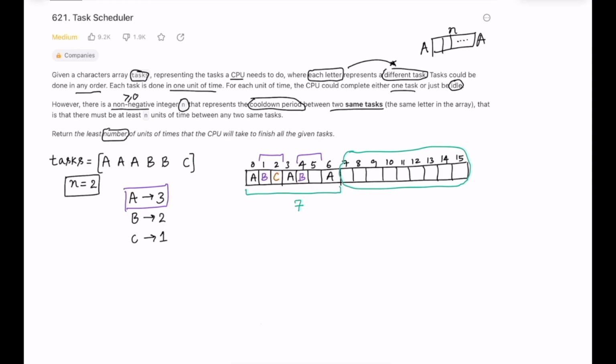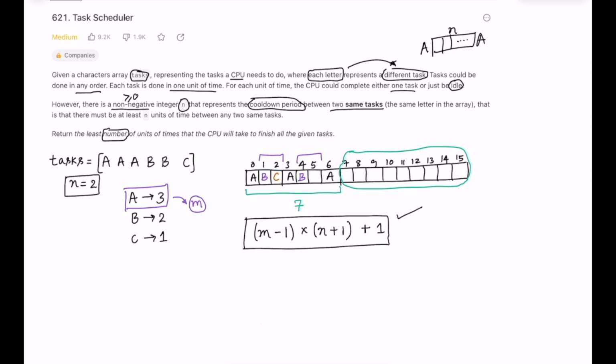So can we calculate how many units of time is needed to do something like this, where we execute just the most frequent task and add cooldown period between them and slip in other tasks in those cooldown periods?